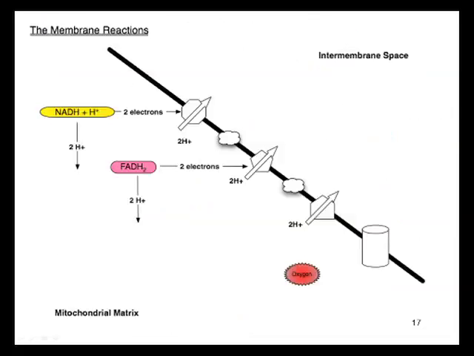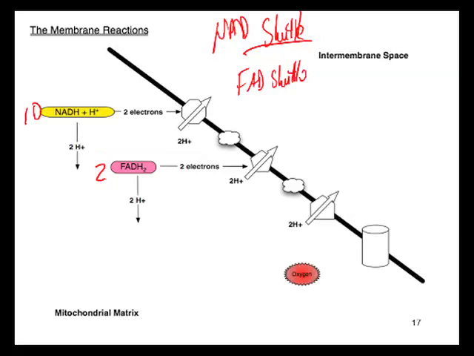So what you'd have would be this. With the NAD shuttle, we'd have 10 here and 2 here. With the FAD shuttle, we'd have 8 here and 4 here. So 10 would give us 30, and then the 2 would give us 2, that's 32.